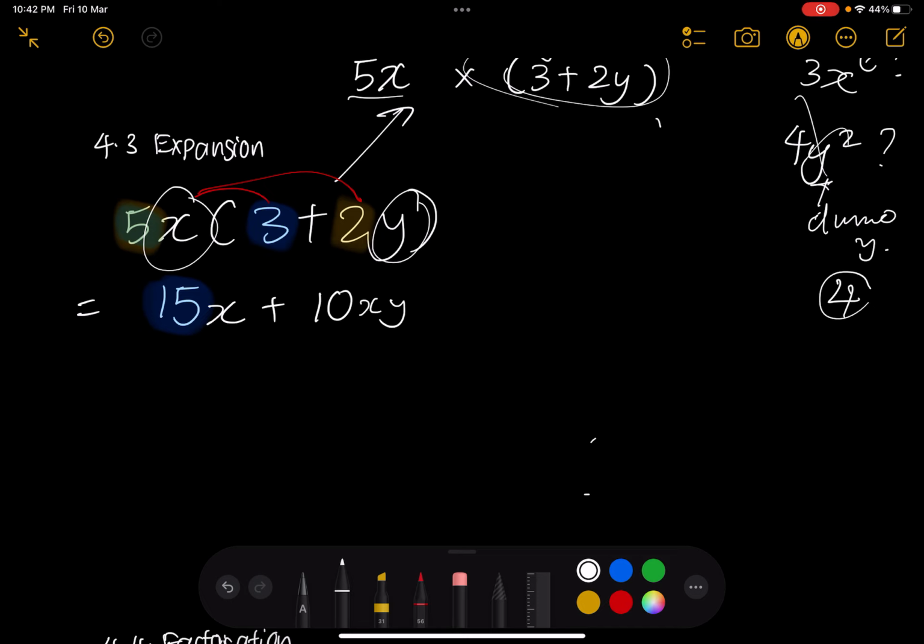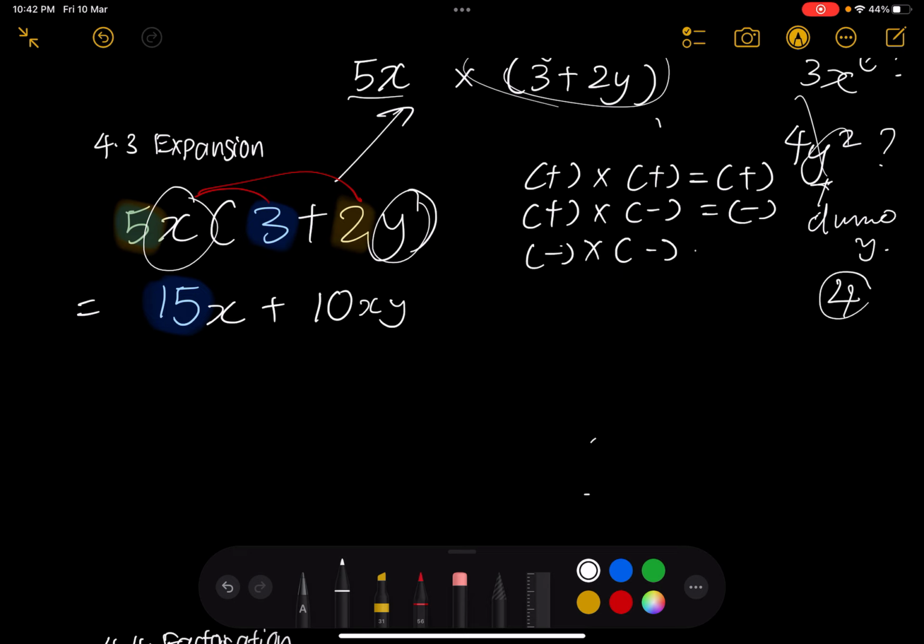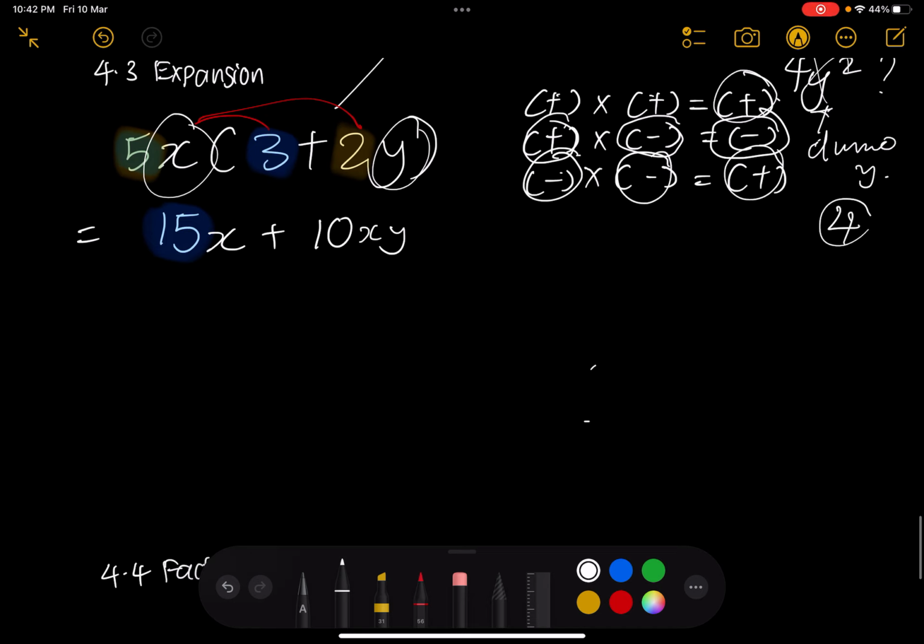Okay, now we're going to be learning these 3 things, okay? Very important. Listen very carefully, okay? These are the 3 golden rules you must know. When you times plus by plus, it becomes plus. When you times a plus by a negative, it becomes negative. Your minus, you times minus, become plus. What do I mean by that? Example, I'm going to do very fast, okay? Minus 6x.